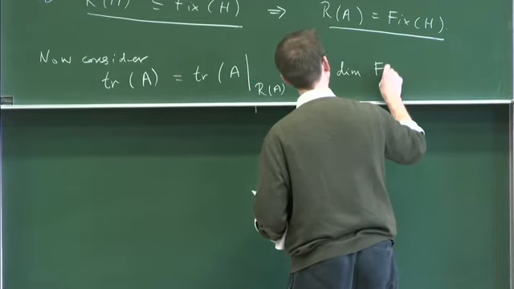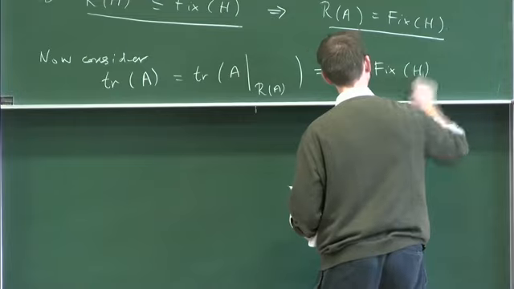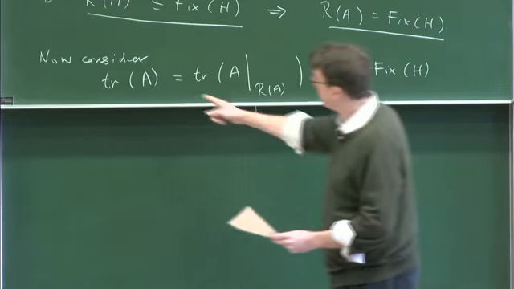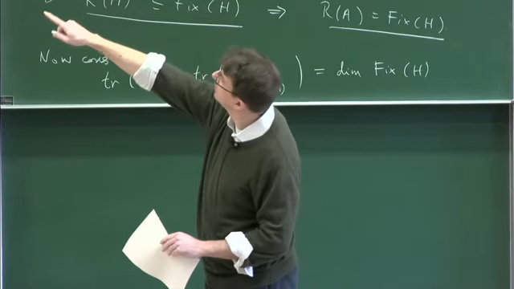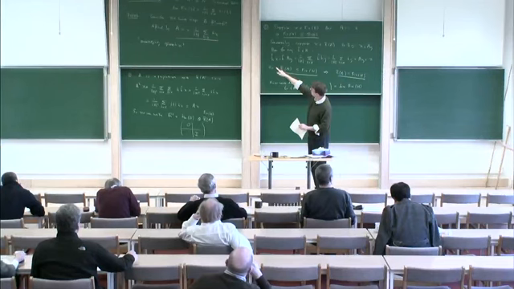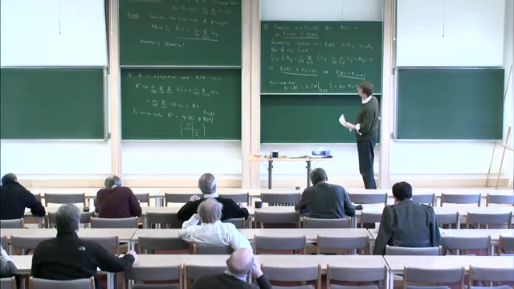So that's the dimension of this range part, so that's the dimension of the fixed point space. And then by linearity, the trace of A is just going to be the trace of the right-hand side, so that's 1 over mod H times the sum of the traces of the individual elements h.